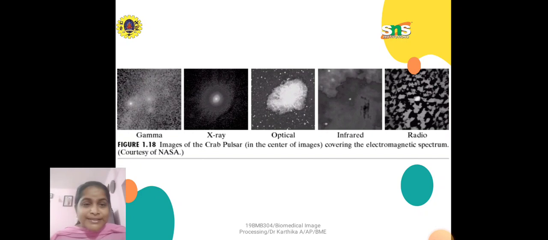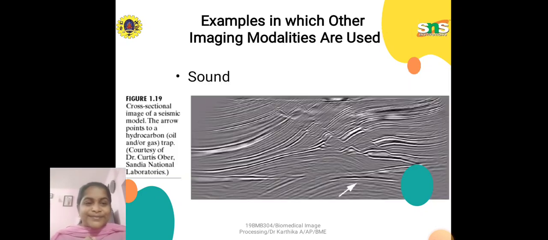These images are represented in terms of gamma, X-ray, optical, infrared and radio, with the images of the Crab pulsar in the center covering the electromagnetic spectrum. See examples in which other imaging modalities are used.